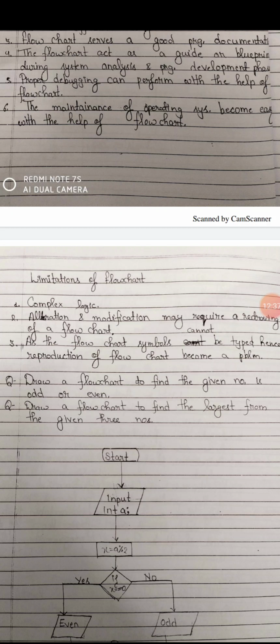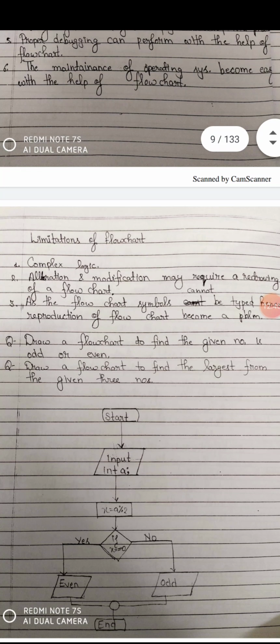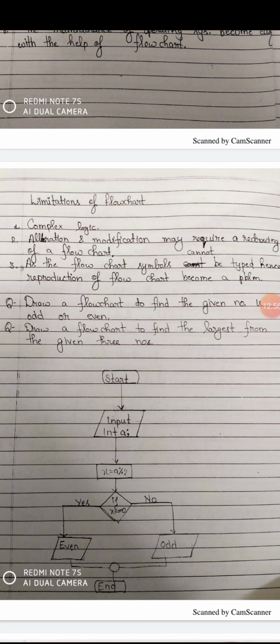So that number will be an input. We will read the input; here that number is A. We read input A, so that must be written in the input and output box.